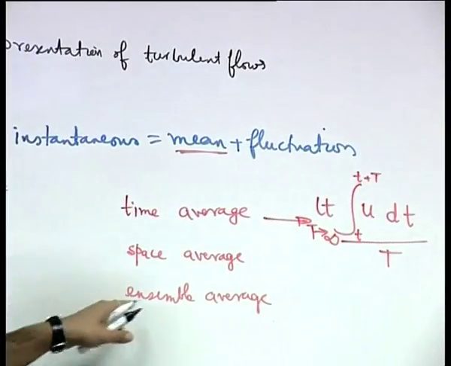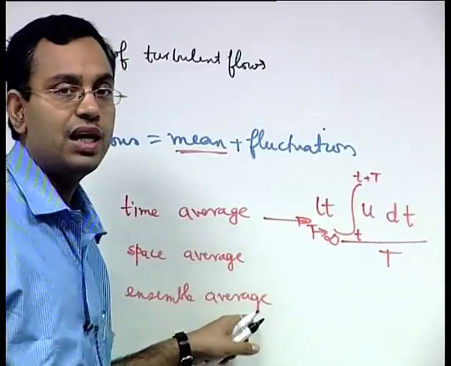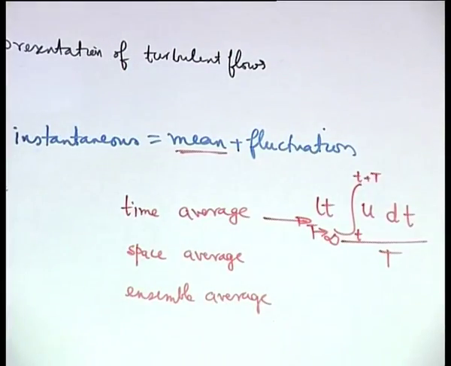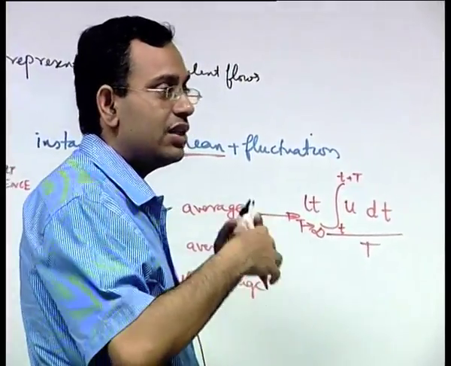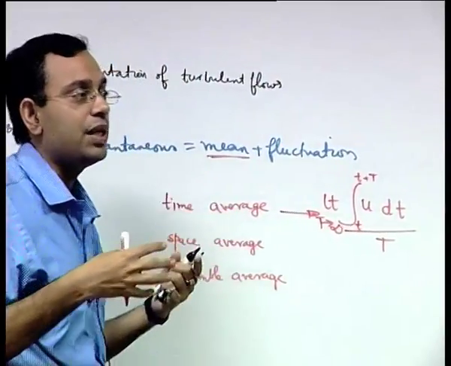And the third one is ensemble average. So what you do here is you do a large number of repeated experiments, a hugely large number of repeated experiments, and then you find the statistical average of those repeated experiments.